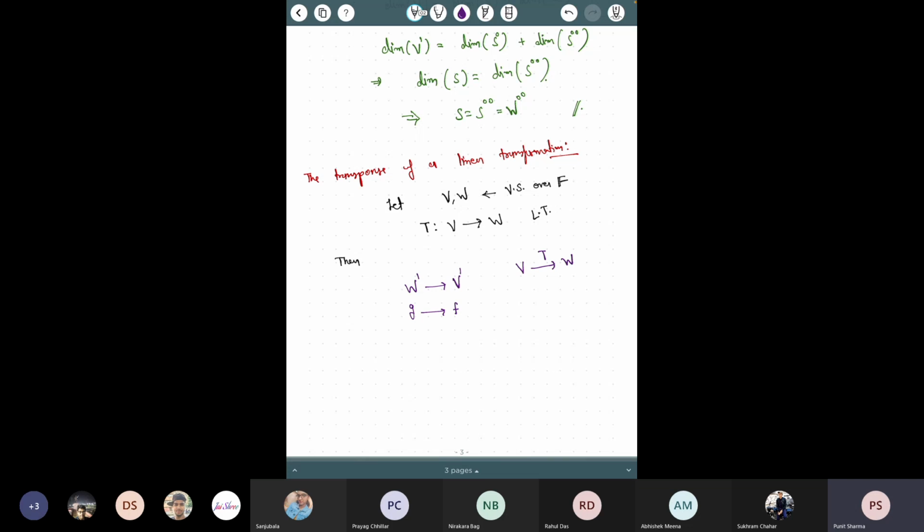So if I take any g, where g is a linear functional on W, that means g is a map from W to F. Now using this T and g, I can relate and define a linear functional on V. Can you tell me what we can do here if I want to define a linear functional on V?